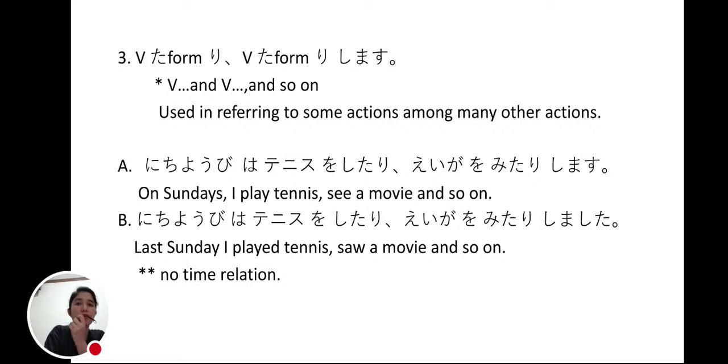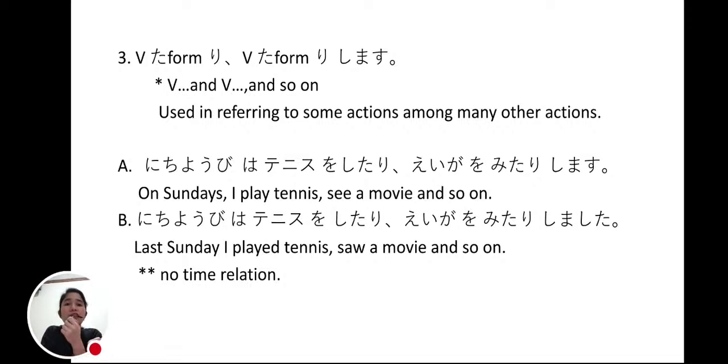This is used in referring to some actions among many other actions. For example, you have 5 actions to mention. Just mention 2. So it's just saying etcetera. This is what I did, I do this, and so on. You just need to mention 2 of those.